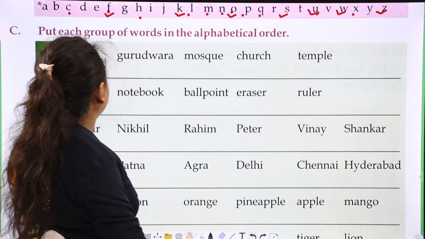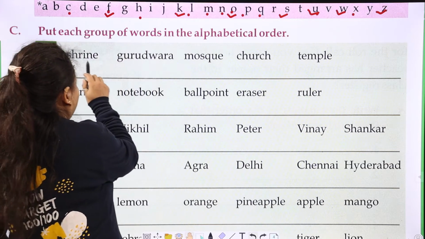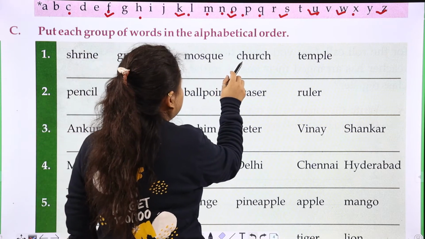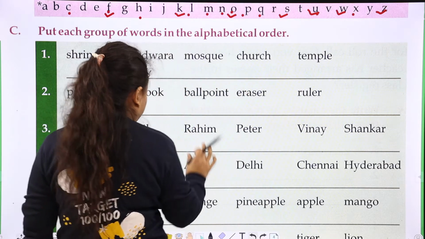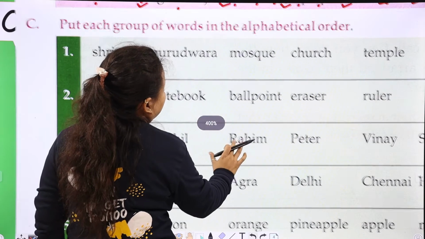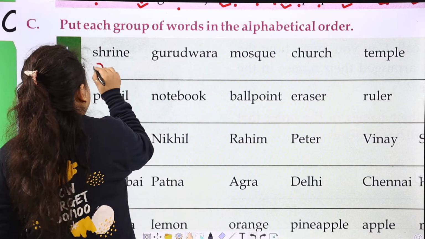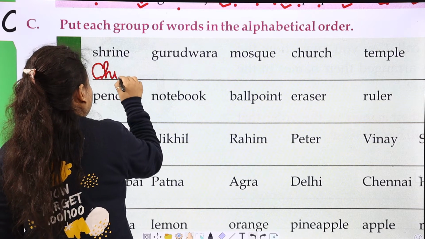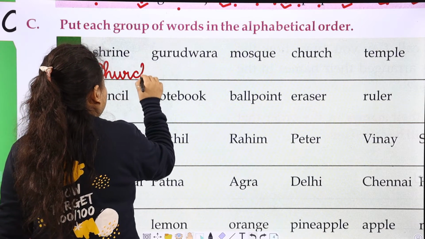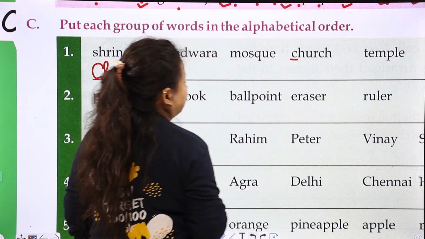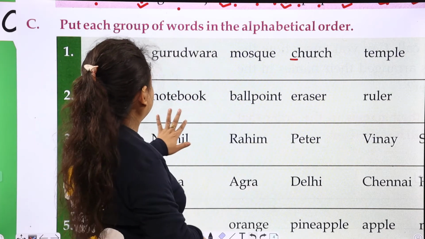First, I am going to start with S. No. G. No. M. C. Yes. Letter C will come first. So, we have to write church. Why? Because the letter C will come first.